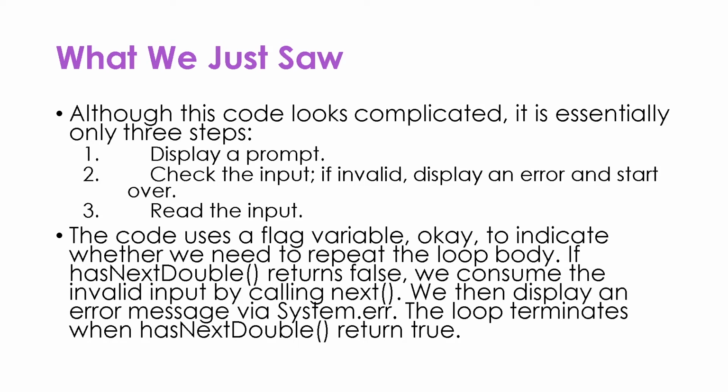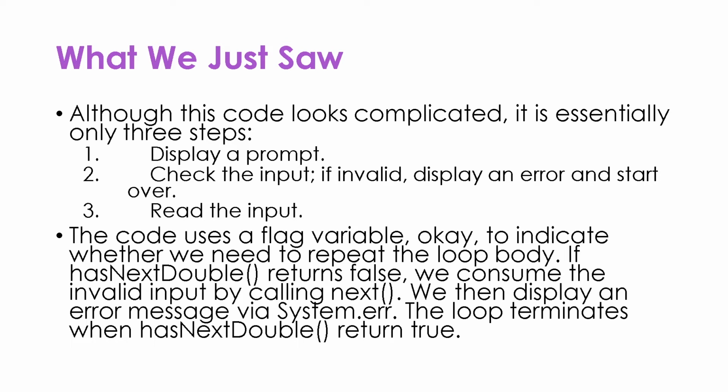The code uses a flag variable, which is called OK, to indicate whether we need to repeat the loop body for if has next double. If that returns false, we consume the invalid input by calling next and just grabbing whatever is there on that next line.